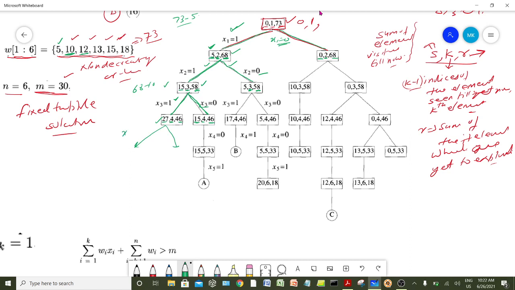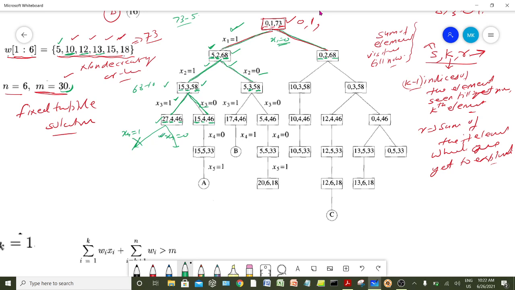Okay, now just try to explore this. Now we are going to make x4 is equal to 1, x4 is equal to 0. If x4 is equal to 1, fine, it means if we add 13, it means it is going to be greater than the total m, that is equal to 30. Yes, no? 27 plus 13 is going to be equal to 40. It means this branch is not to be explored further. Fine.